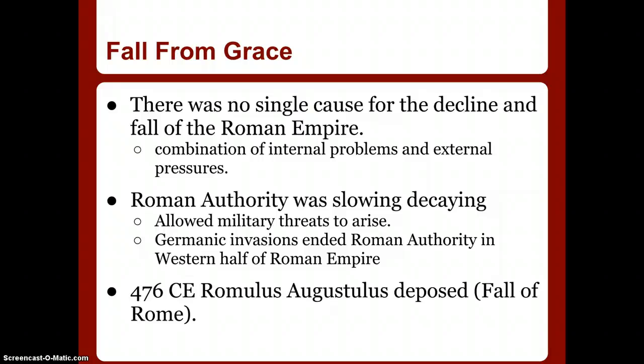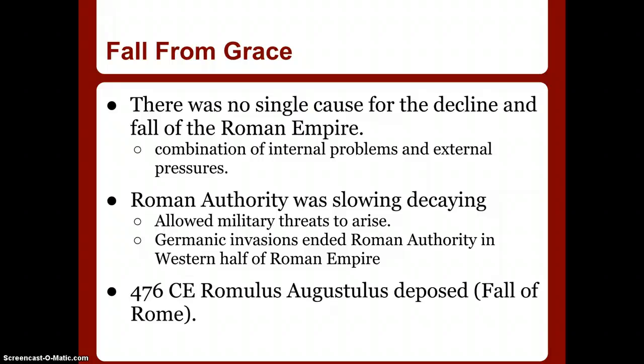Now what we get here essentially is that Roman authority was slowly decaying, and this is true for every great empire or civilization. When they reach the pinnacle, they slowly start to have some internal issues that eventually will lead to their demise. When people start to question their authority, it makes the empire, or the country, or whatever territory we're talking about, susceptible to military threats, internal and external.